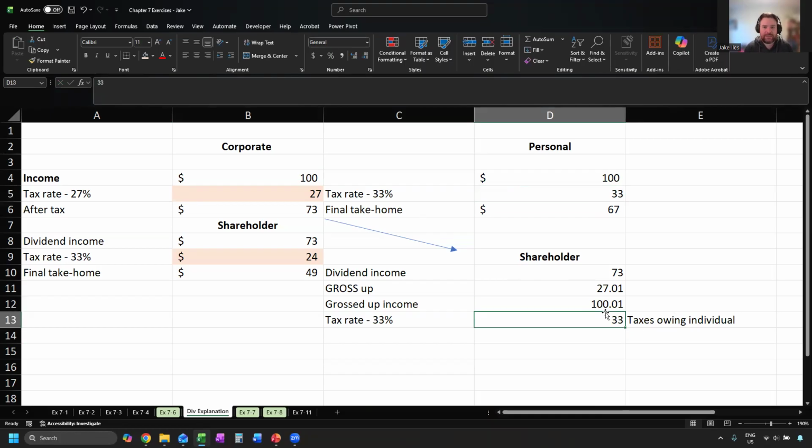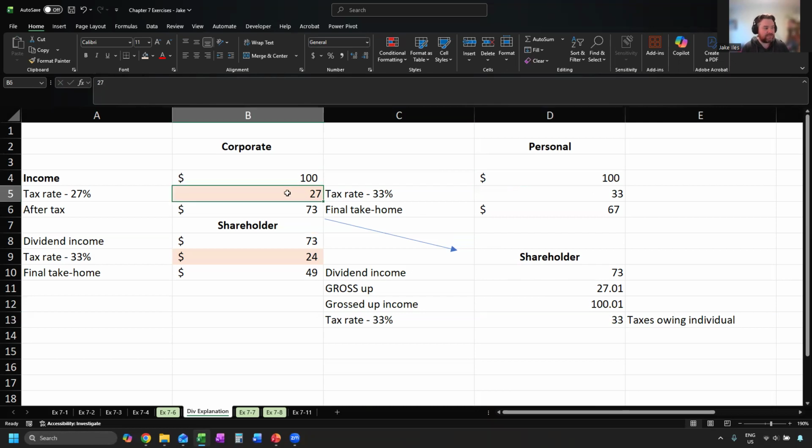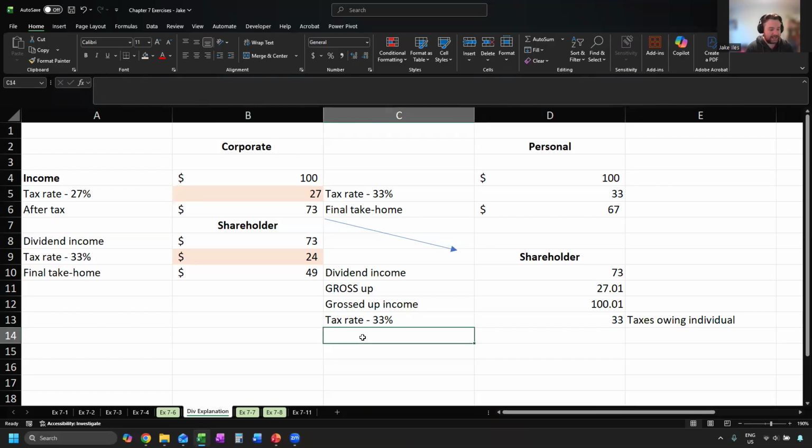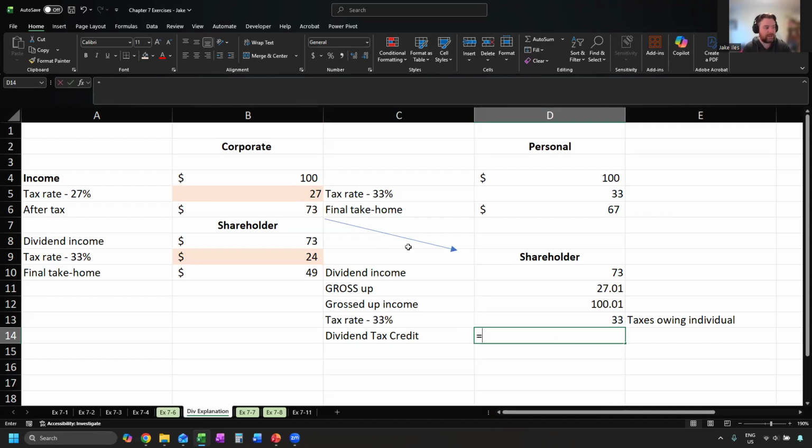But we can't just pay the $33 because some of the taxes have already been paid by the corporation. So we get a dividend tax credit. That dividend tax credit is supposed to recognize the taxes already paid, so it's going to equal the 27. So the total amount that I actually owe, let me just put some borders on this since we have a bunch of steps.